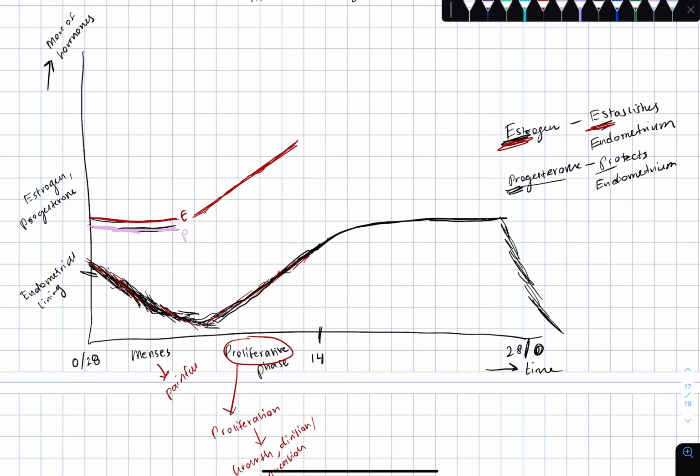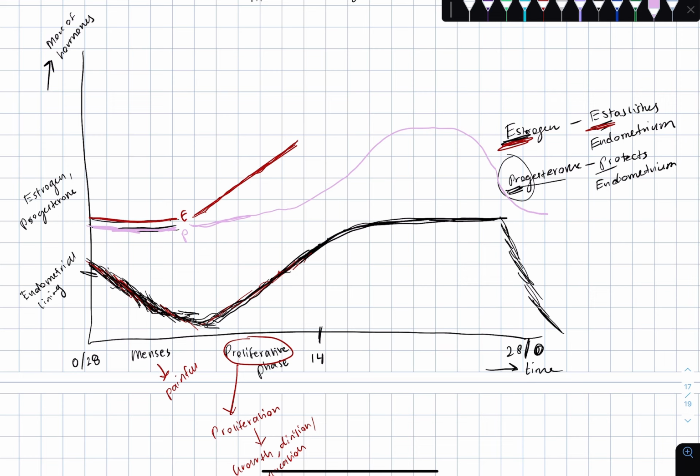So when we have it remaining at this thickened state, we can think of it being protected. That's why the progesterone levels will still remain lower than estrogen during the proliferative phase, but then they'll start to increase again, and then they'll start to decrease again once the menses start again. And like I said, it's a whole cycle that continues to happen.